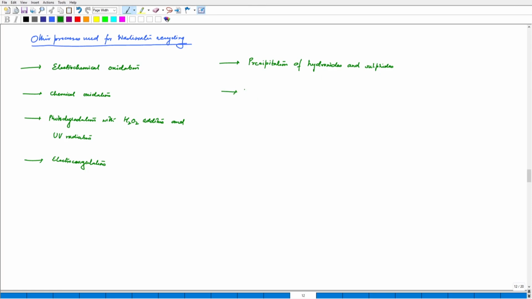Now, adsorption of various products, let's say various heavy metal ions, has been explored using many different materials.